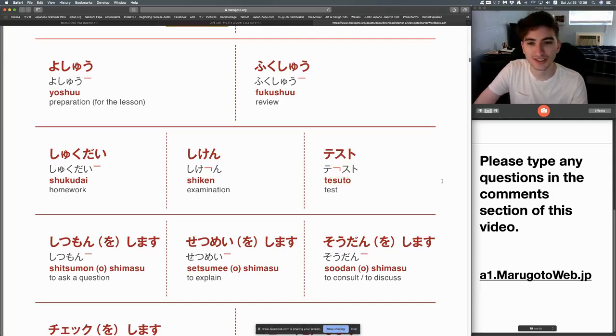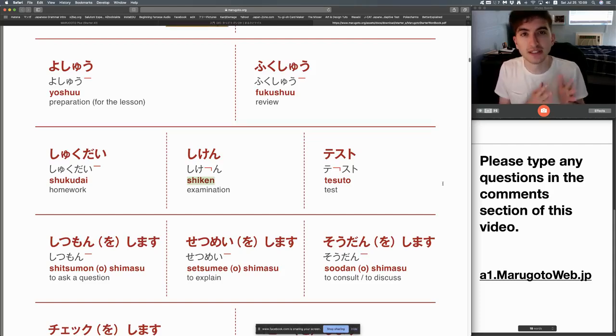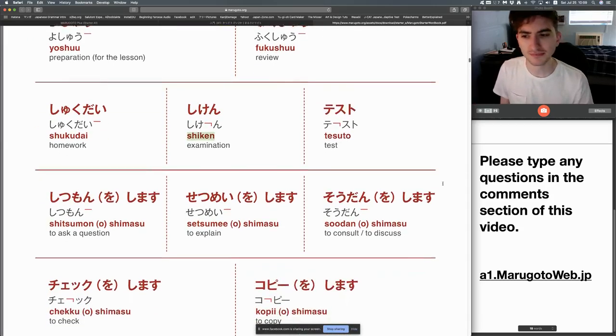I've always used these kind of interchangeably. My feeling, however, and it could be different from other Japanese speakers, but I feel like 試験 is a little more official or maybe larger, right? Like a final exam, right? A final exam would be definitely 試験. However, testo, you could have many testo throughout a semester, something like that, right?